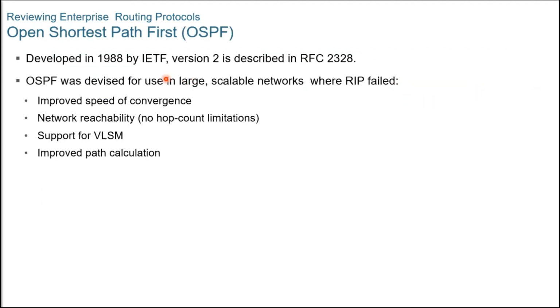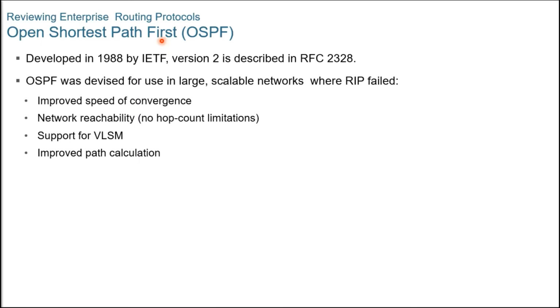Now let's talk about the Open Shortest Path First routing protocol, or OSPF. OSPF is a standardized protocol for routing IPv4. It was developed in 1988 by the Internet Engineering Task Force, or IETF, to replace RIP in larger, more diverse media networks.